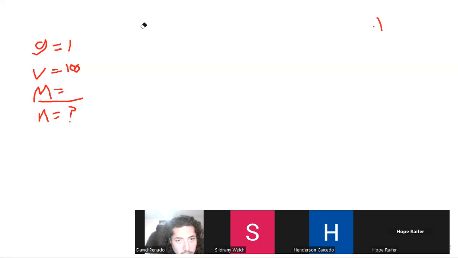Anyone else want to take a shot at it? So for this, we have to convert grams to moles first. I agree with her. Yes, you have to convert it into moles. How do we convert into moles?